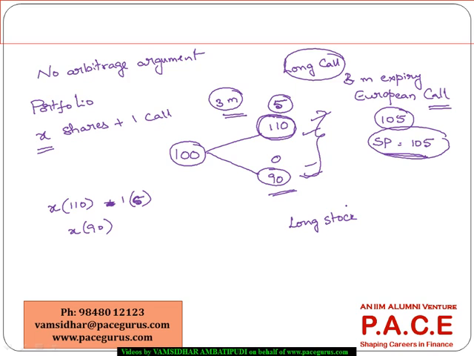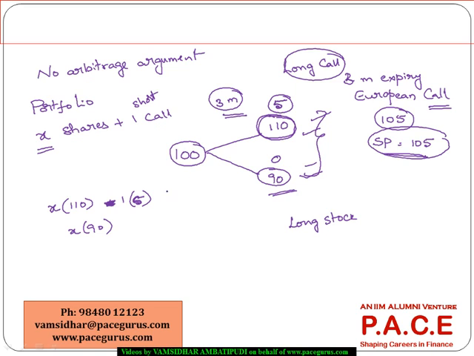Let's say I take X shares and one short call position. I'm going to have a loss of 5 because the buyer is going to exercise the option.